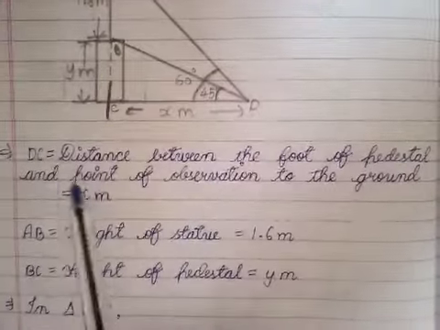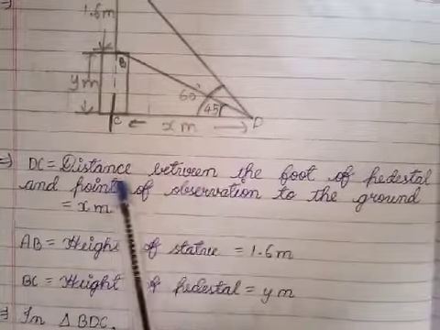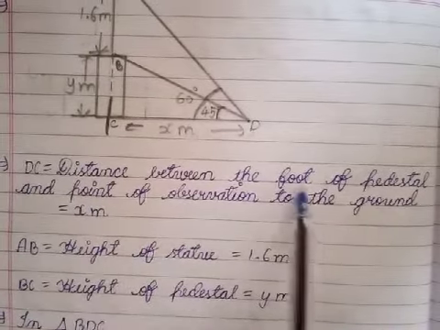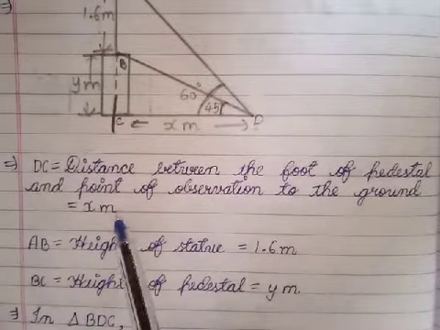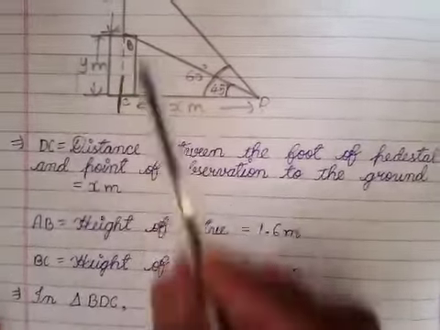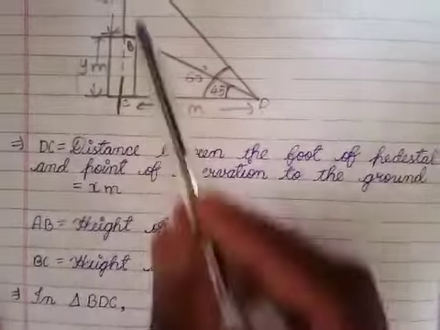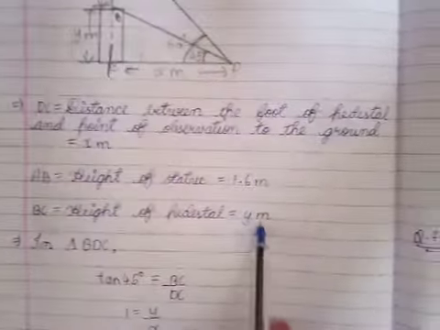That is very important. DC is the distance between the foot of the pedestal and the point of observation on the ground. Let's take that as x meters. AB, the height of the statue, is 1.6 meters, and BC, the height of the pedestal, which we have to find, is y meters.